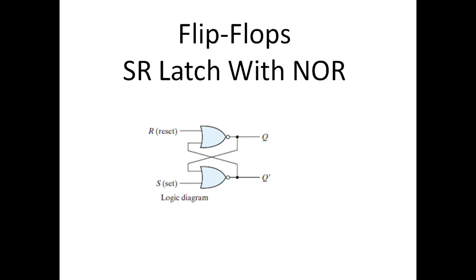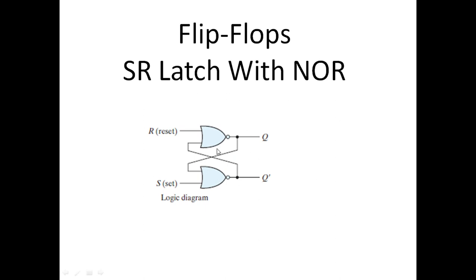The most common flip-flops are discussed here. This is a very simple basic flip-flop called the SR latch implemented with NOR gates. As we know the operation of a NOR gate, it is very simple to understand the function of this SR latch.